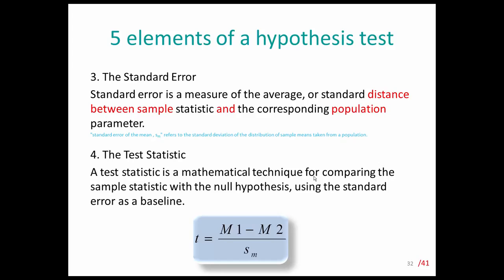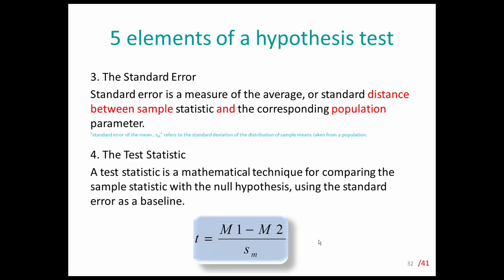So basically, to test the difference between experimental group and control group, you need to see the difference between the mean of the samples and divide it by the standard error to get a value like t, and see how big this t is.